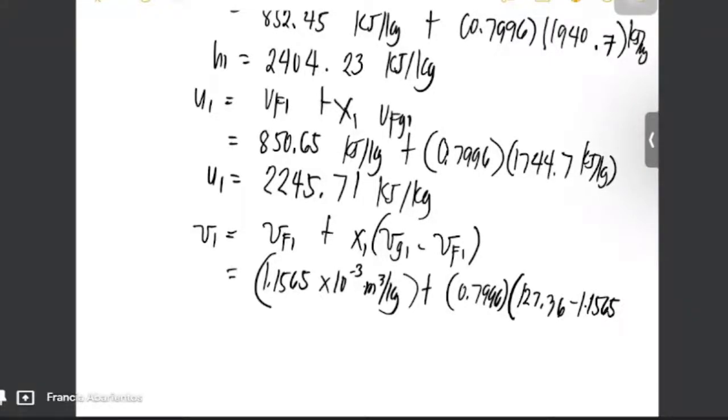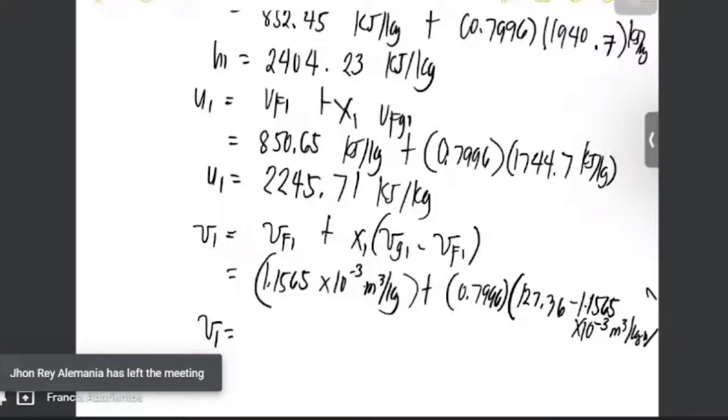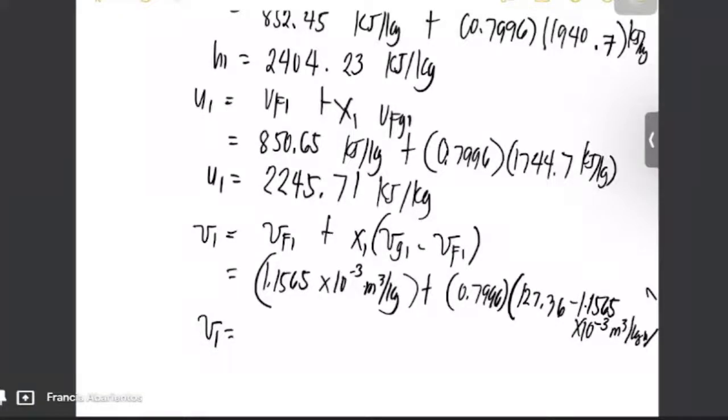Huwag kakalimutan yung times 10 to the negative 3. Okay? So, what is now your specific volume? Sige nga, si ma'am. Shortcut. Okay, it's for you to discover.